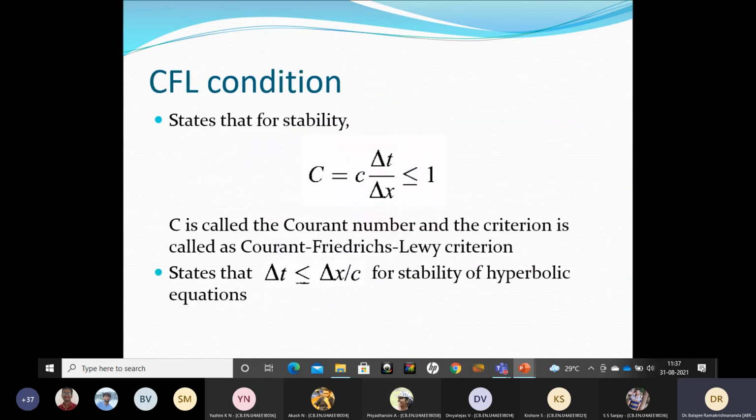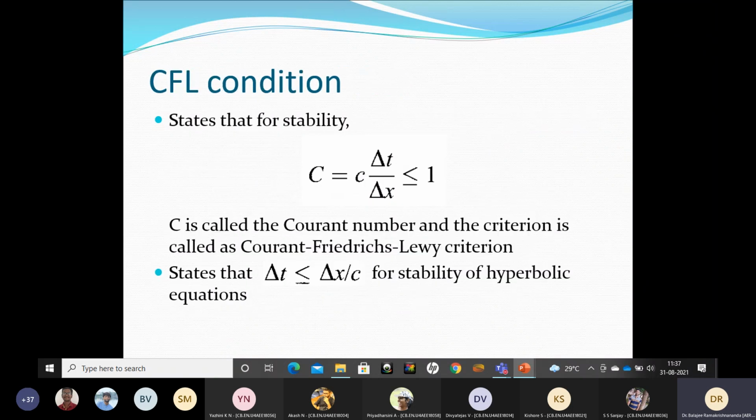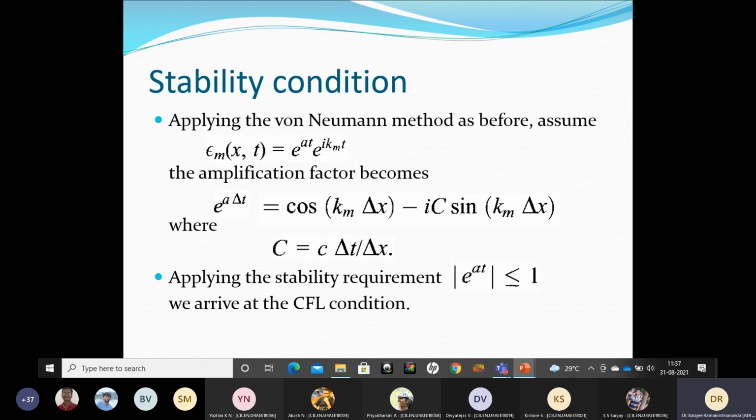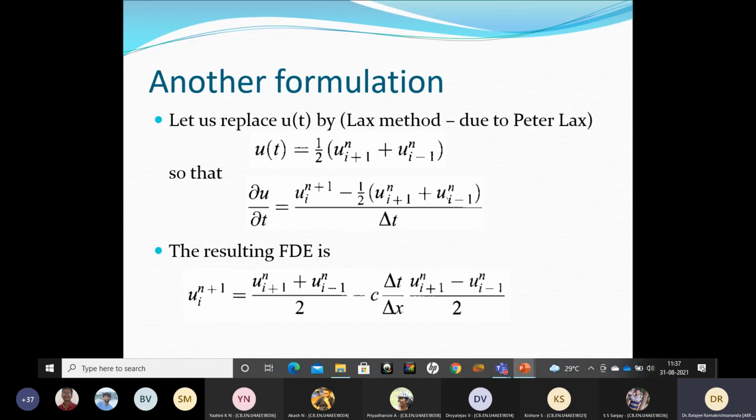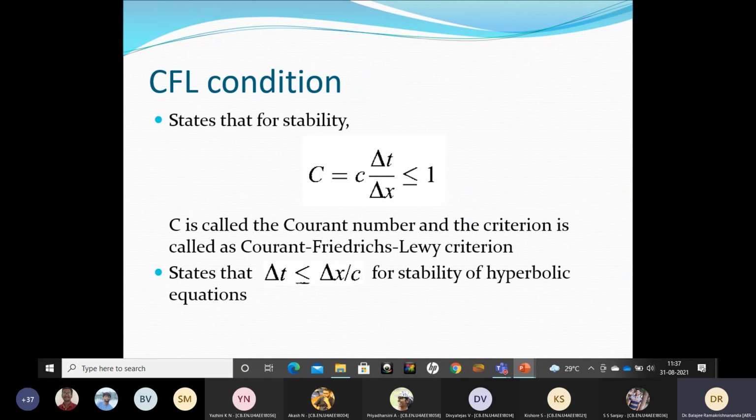In the same way, you will arrive at a CFL condition. The condition states that for stability of the one-dimensional wave equation, you can discretize this way and the FDE will be there.